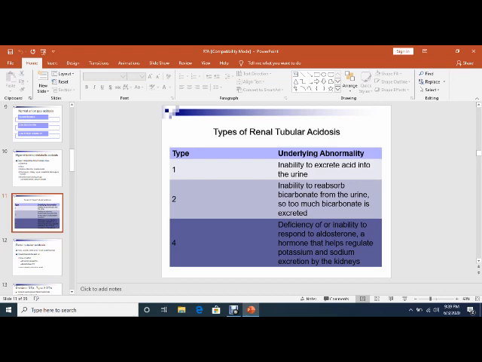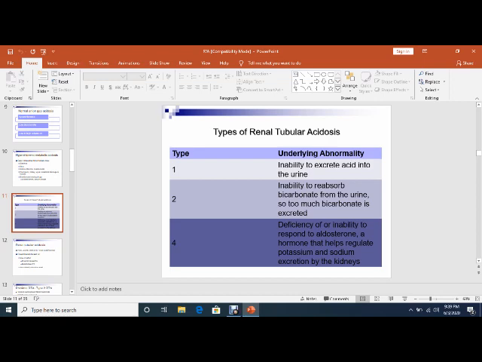So this slide shows the types of renal tubular acidosis. Basically there are three types: type 1, type 2, type 4. Type 3 is hidden or overlapping. In type 1, there is inability to excrete acid into the urine, and in type 2, inability to reabsorb bicarbonate.